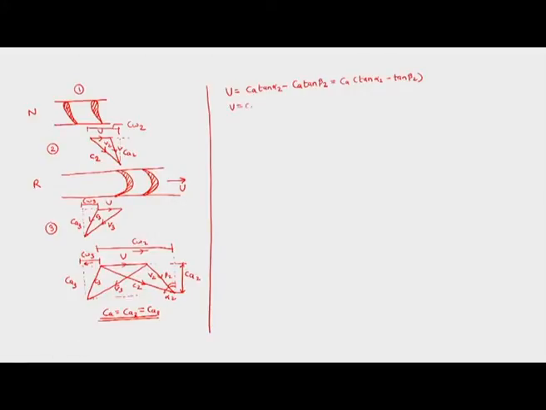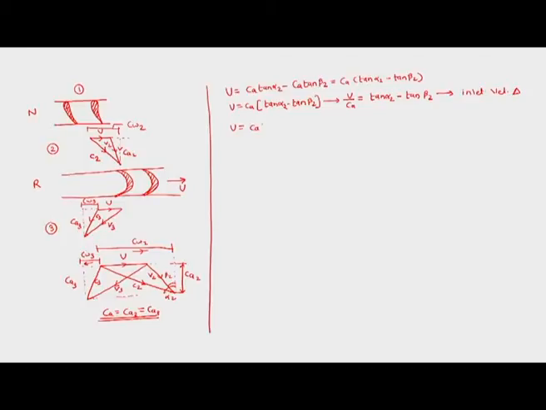So u is equal to CA into tan alpha 2 minus tan beta 2. So u upon CA is equal to tan alpha 2 minus tan beta 2, and this is from the inlet velocity triangle. Now let us consider the outlet velocity triangle.